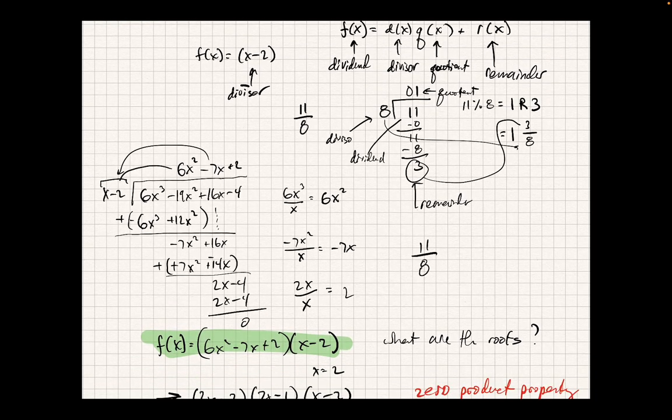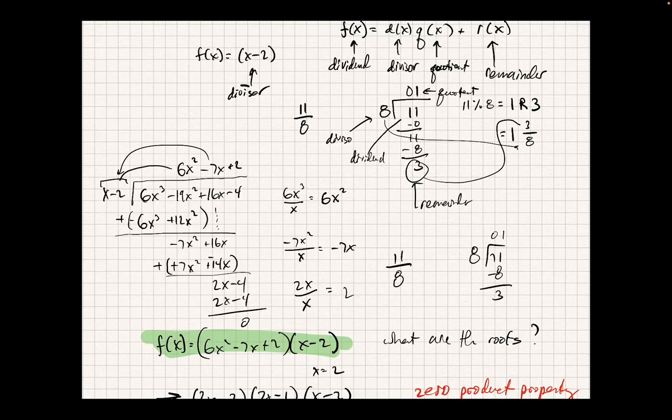11 divided by 8. 8 goes into 11 once, and 8 times 1 is 8, leaving 3. What did I do with my remainder 3? You can put it as a remainder, you can also do 3 8ths.